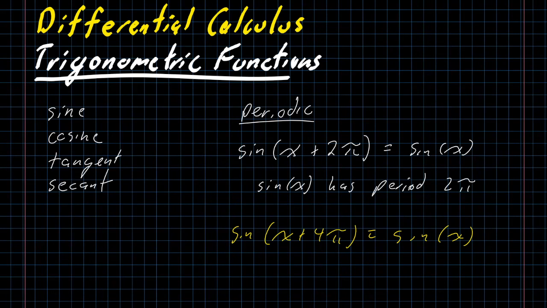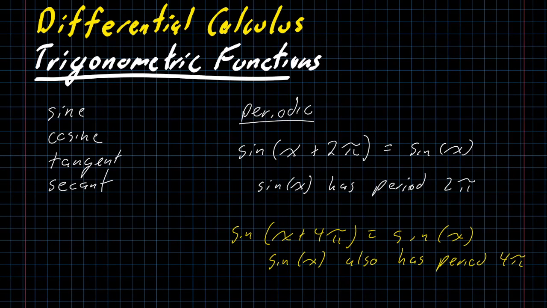So subtract 2 pi, sine of x plus 4 pi is the same thing as sine of x plus 2 pi. Subtract 2 pi again, sine of x plus 2 pi is the same thing as sine of x. It's twice through the period. But depending on how you care about the vocabulary, you could claim that sine x also has period 4 pi.